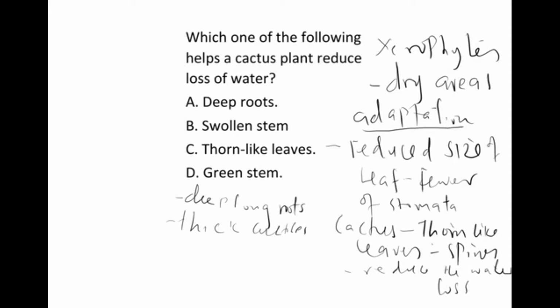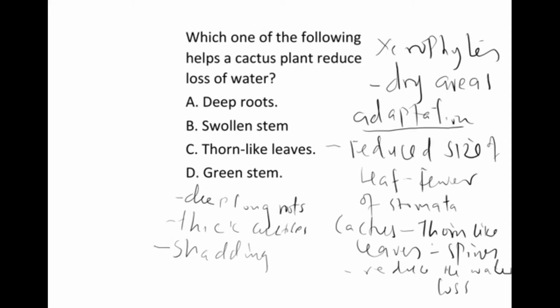We have other mechanisms like shedding leaves during the dry season, and these include other plants like the acacia plant and other vegetation that grows in dry areas.